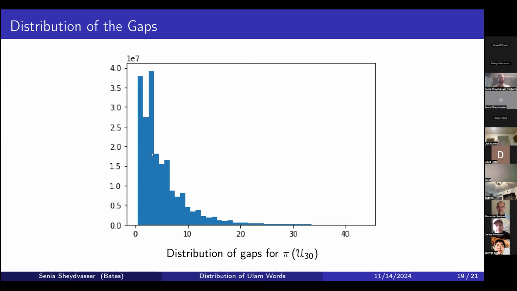And then repeats. This is particularly strange given the fact that, based off of our previous evidence, Ulam words should equidistribute mod 6. But yet there's a clear preference for gaps modulo 6. So something odd is happening.